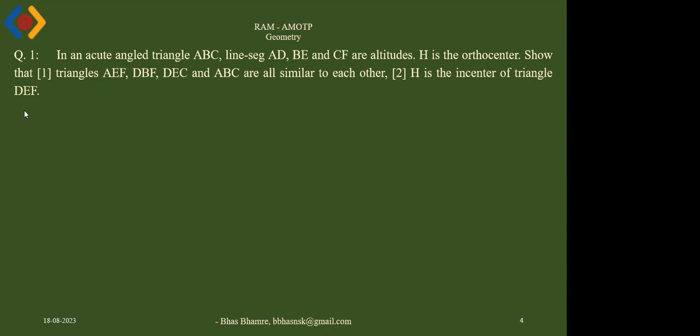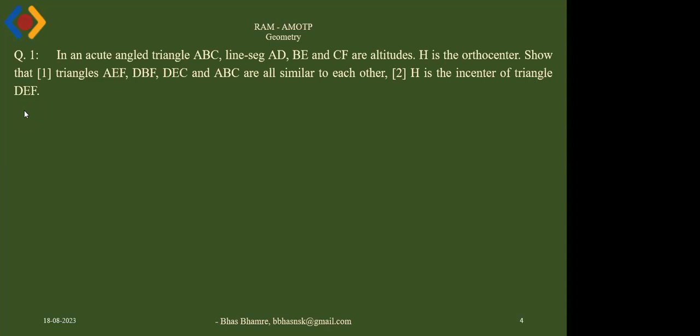Okay, and I hope you know how to show that altitudes are concurrent. That part I am not dealing with here. We are not going to discuss that. I consider that you know the proof of how we show altitudes are concurrent. If not, try to find out, you will get it if you are curious about that.